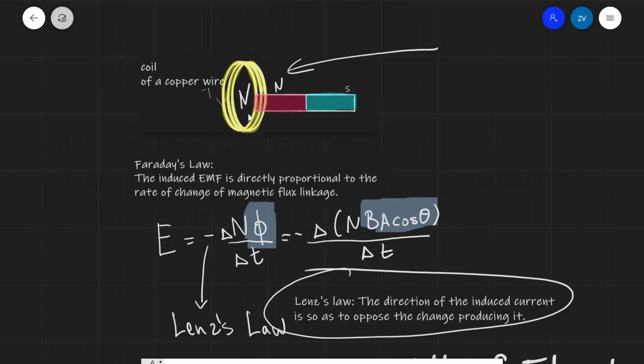So Lenz's law means that the two north poles will repel, and this is actually a statement of the law of energy conservation, because if they didn't repel, say this turned into a south pole, then the magnet would just fly through and energy would not be conserved.